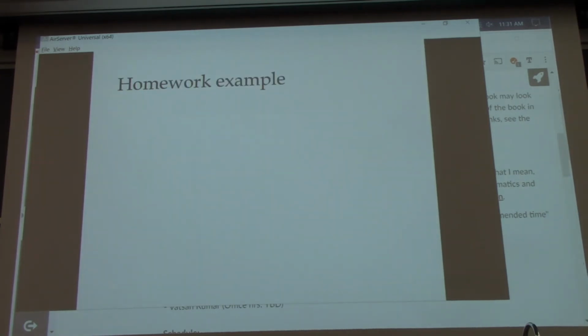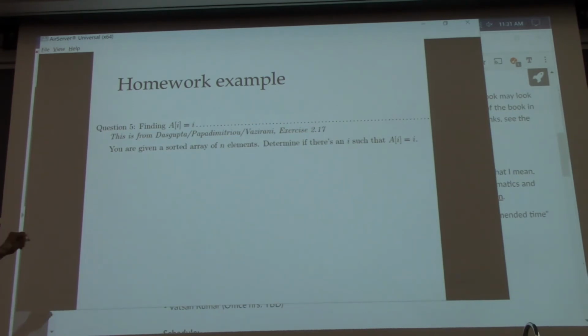Okay, so I just wanted to give an example of a homework building off this. This was some question that I randomly picked up. Suppose you're given a sorted array of n elements, with a of 0 less than a of 1, and so on.